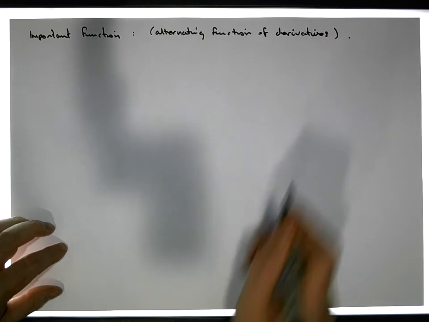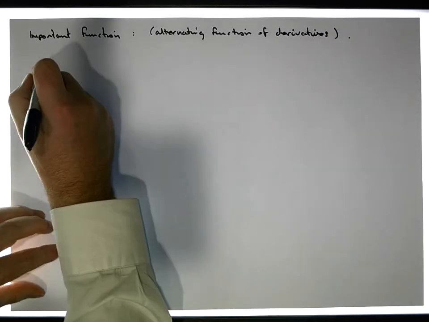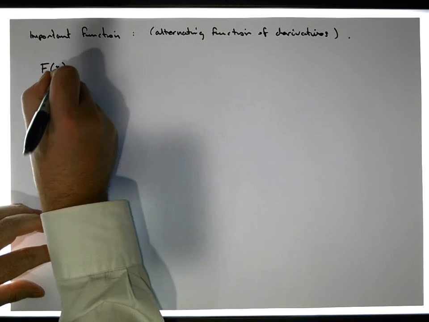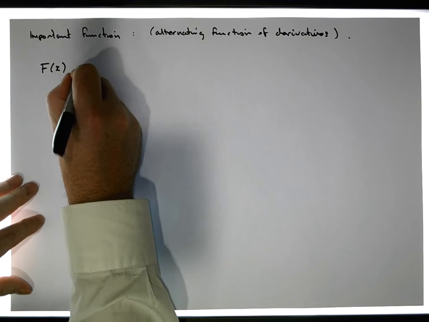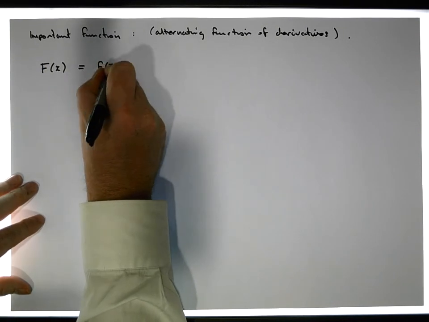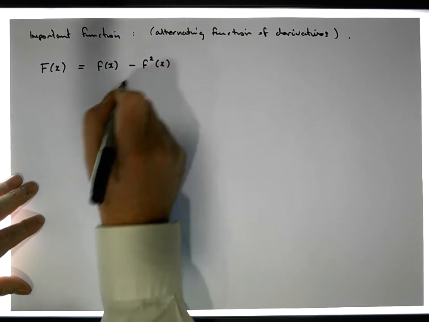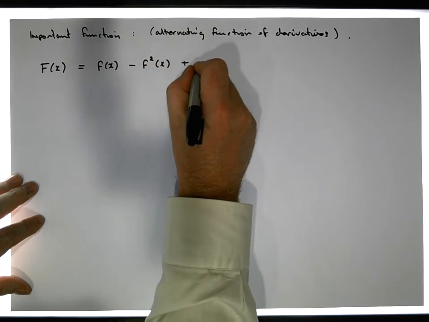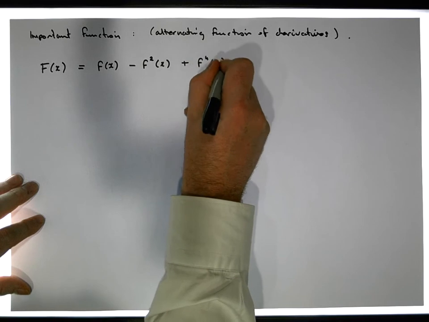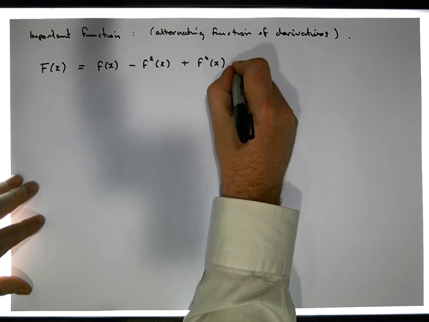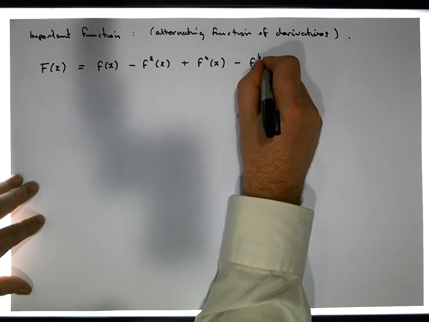So it's uppercase F of x, and what we're going to say is that it's equal to the original function f of x minus the second derivative of the original function, plus the fourth derivative, minus the sixth derivative, plus, all the way through.